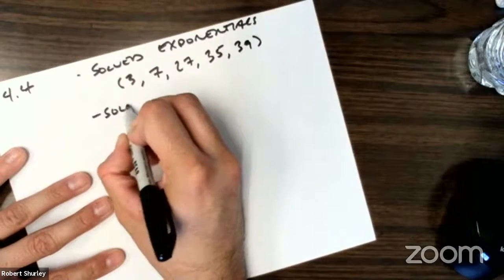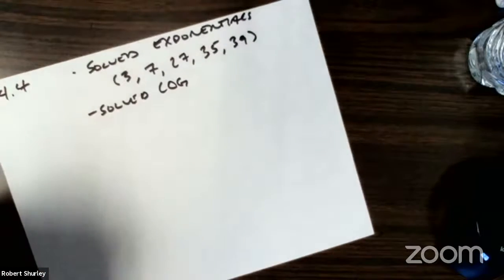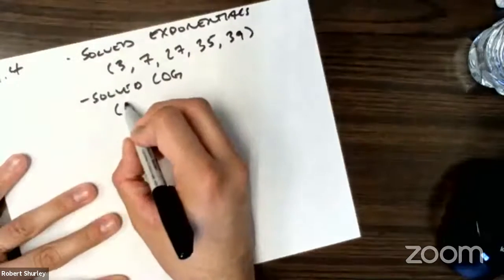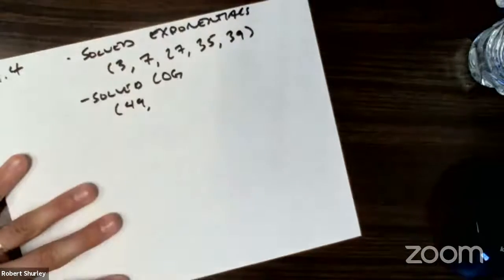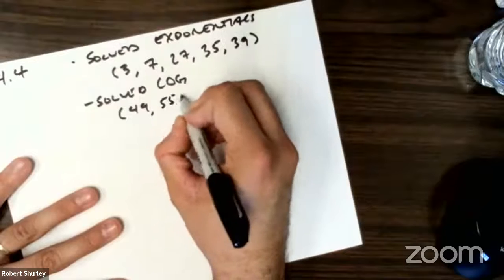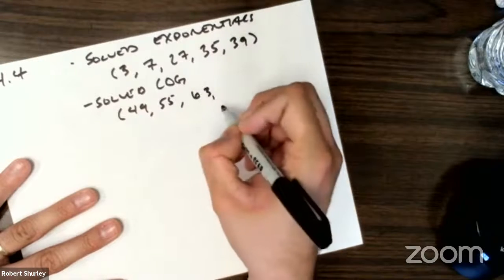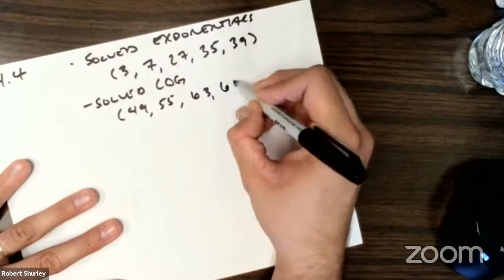And then we solved logarithms. Some good examples are going to be like 49, just a basic example where you put it into an exponent, 55, and then let's say 63 because it's an ln, and then 67.